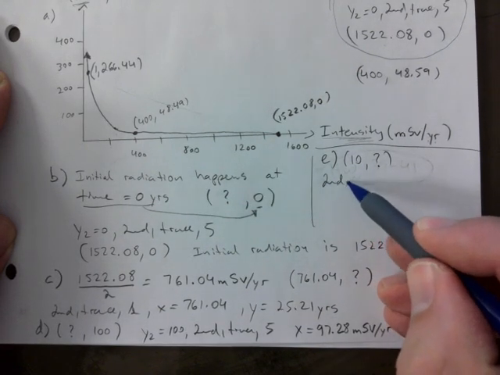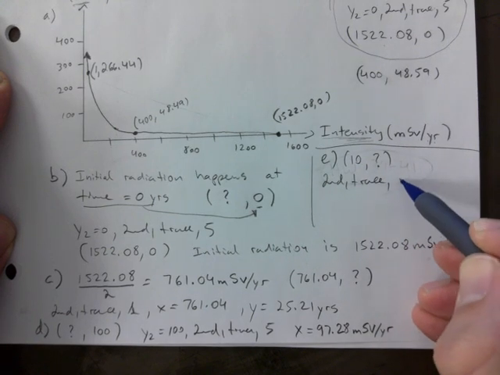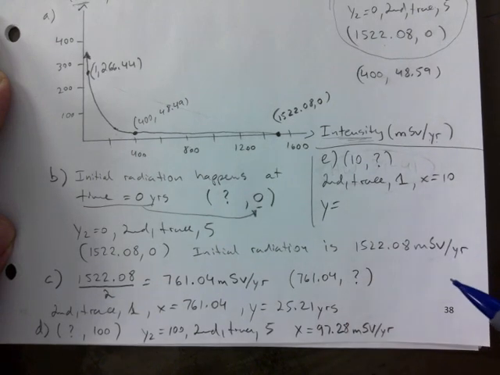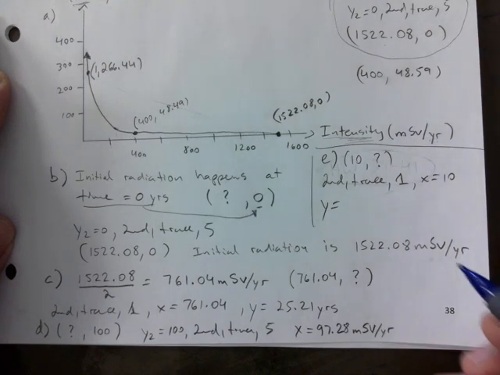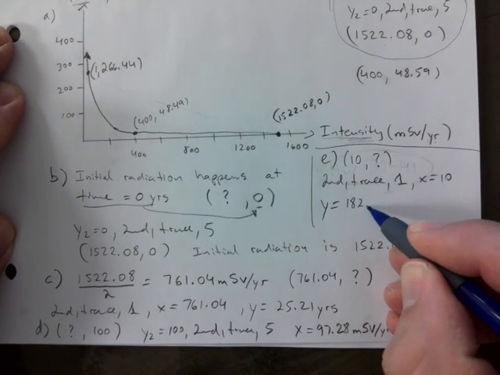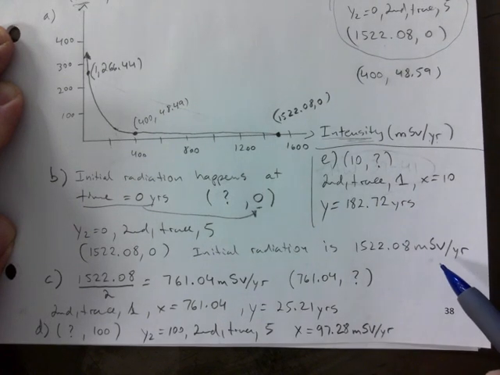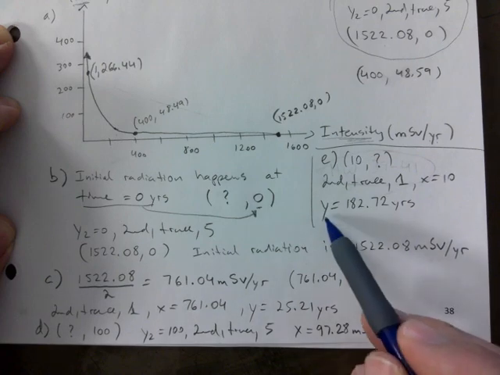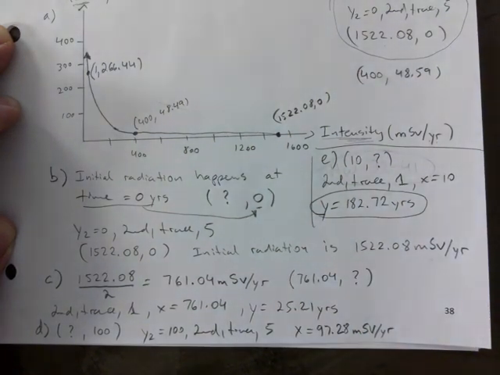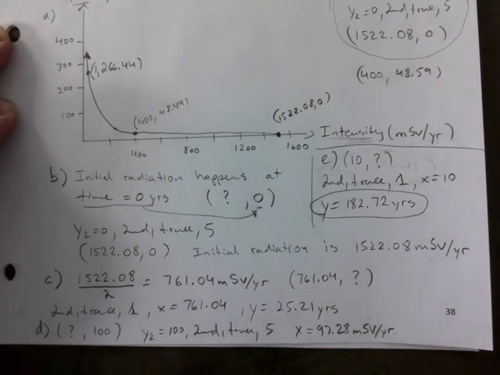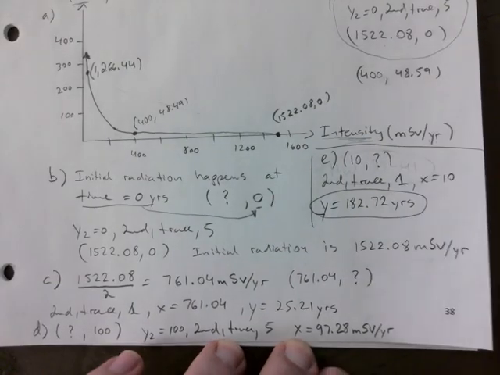So this is second trace 1, x is equal to 10. And let's see here, it's 182.72 years. That's how long it would take for the radiation level to get to a point where that area is considered safe. Okay.